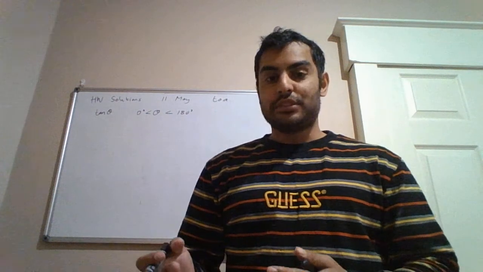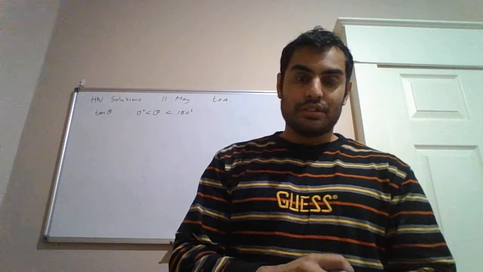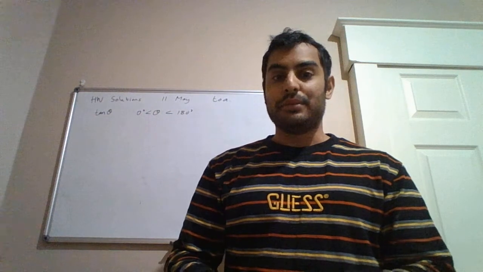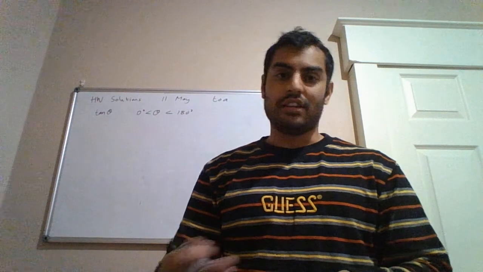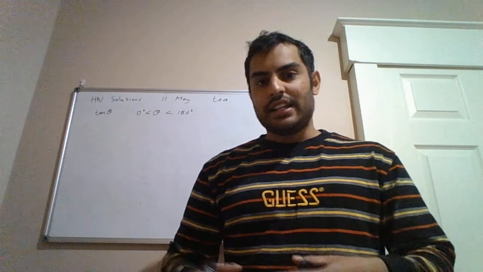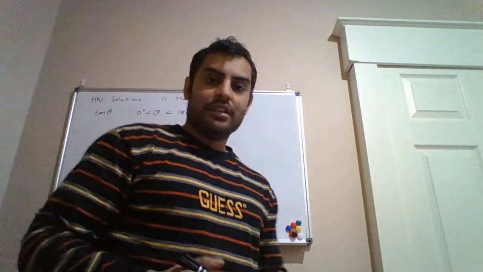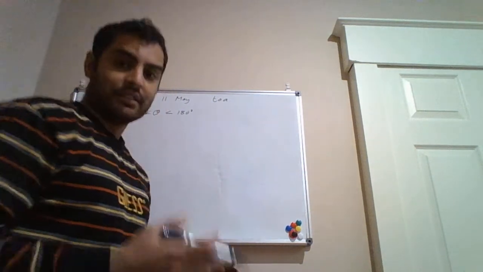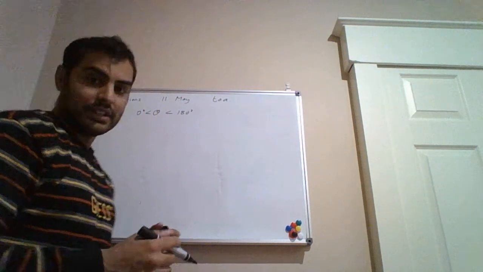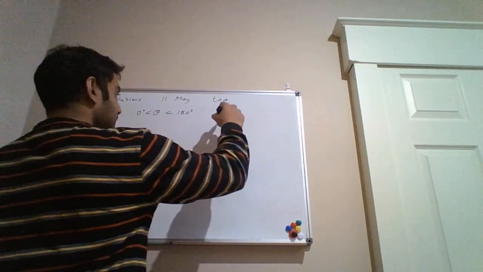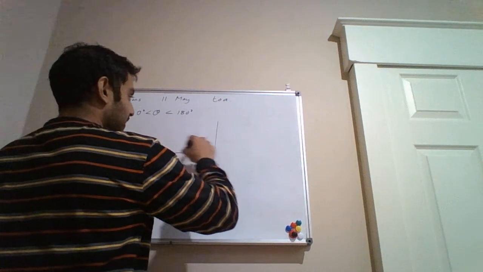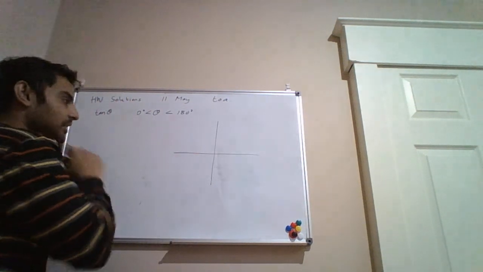To understand the concept of a vertical asymptote, you can relate it to the vertical asymptotes we did when we were discussing hyperbolas in the last video, and the ideas are quite similar. So I'll explain how we get this vertical asymptote for the tan graph at 90 degrees.